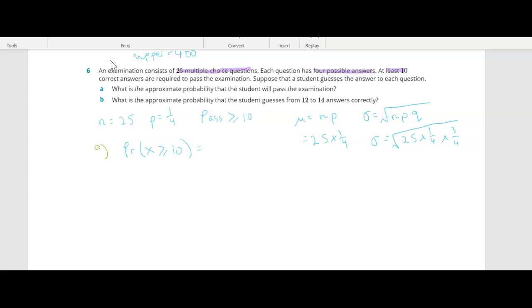You can go ahead and do that. Question B, what is the approximate probability that a student guesses from 12 to 14 answers correctly? So you're now going between 12 and 14.